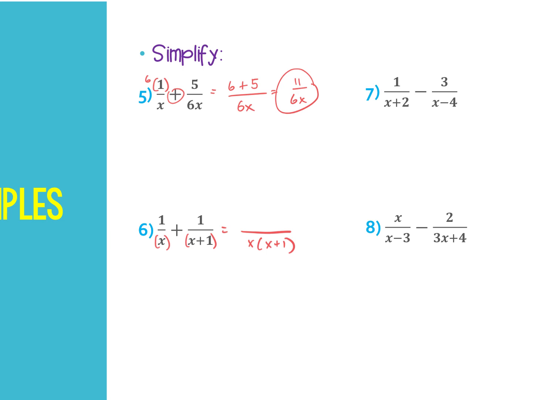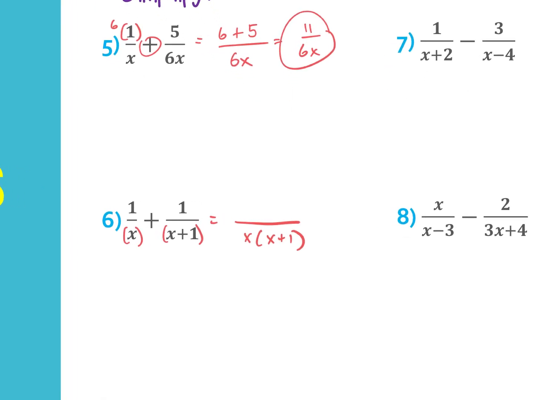When I work with my numerator, I have to multiply this numerator 1 by whatever is not down here. The x is down there, so what I need to multiply it by is the x plus 1. So 1 times x plus 1, I'm going to distribute the 1, right? It's going to be x plus 1.